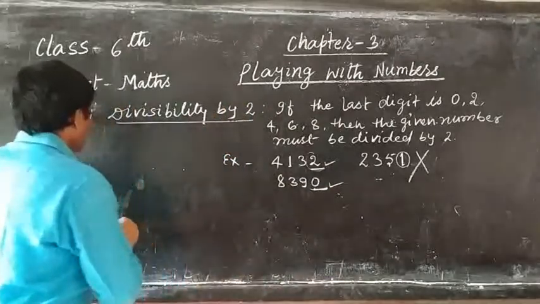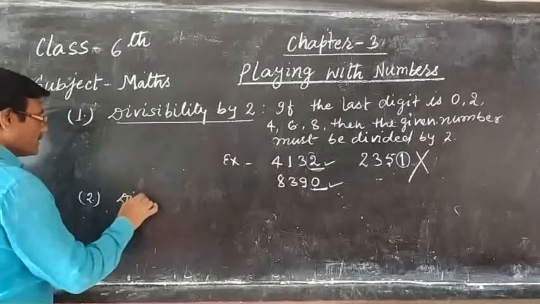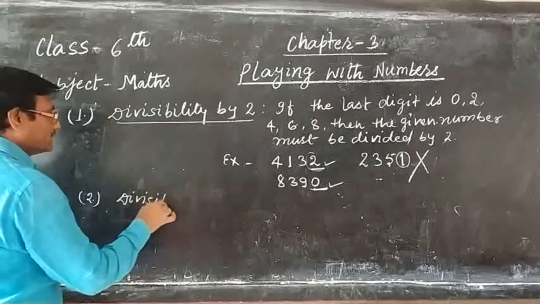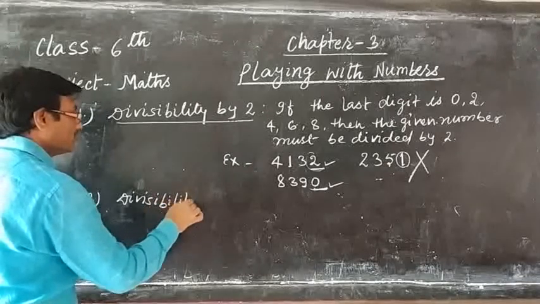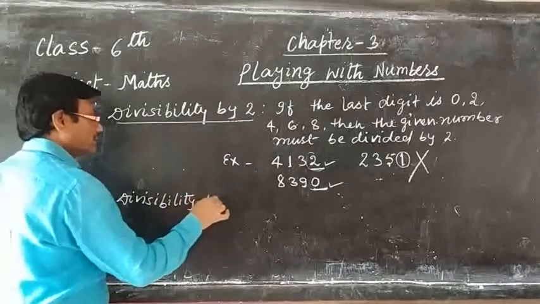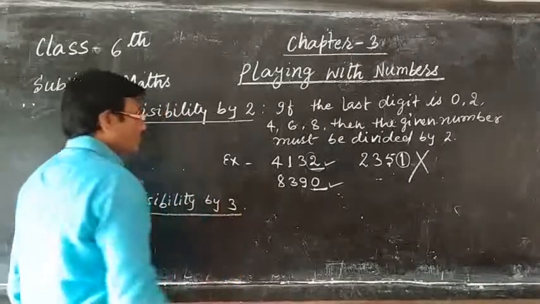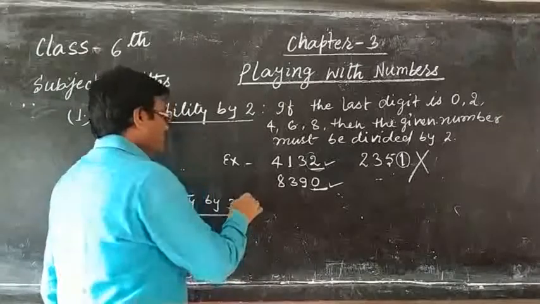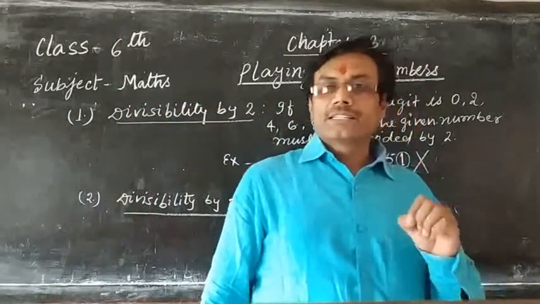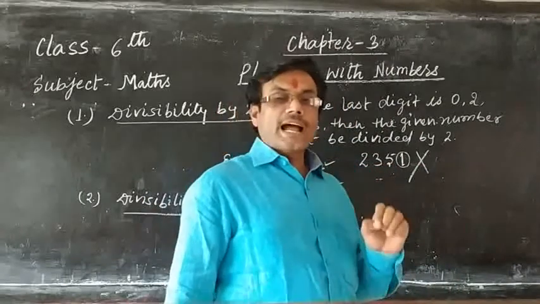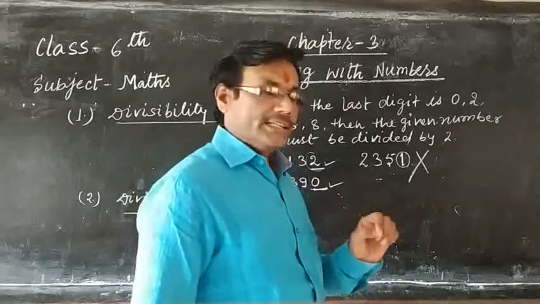Now we will learn about divisibility by 3. To know whether the given number is divisible by 3 or not, we just have to find the sum of the digits.